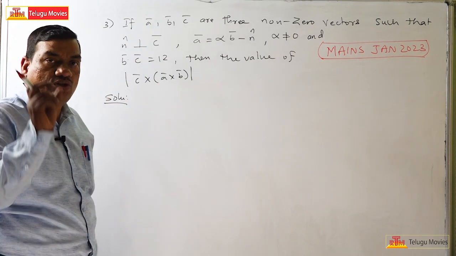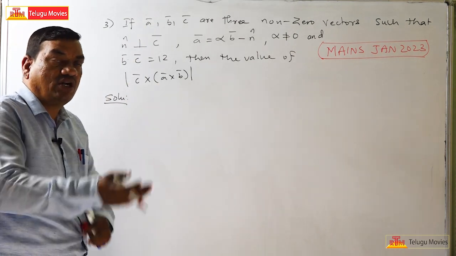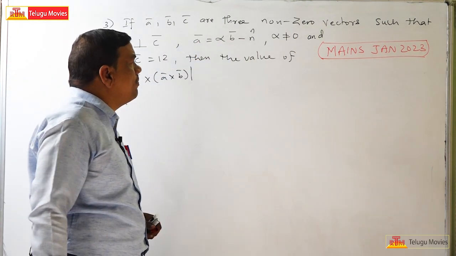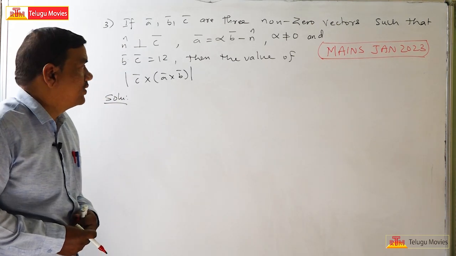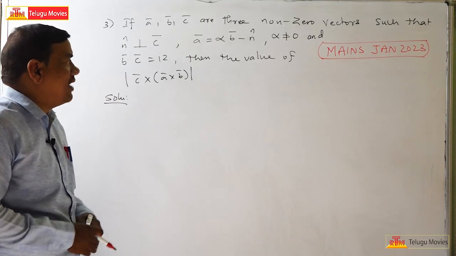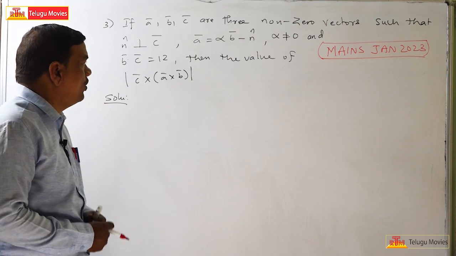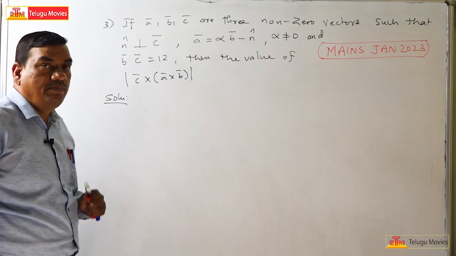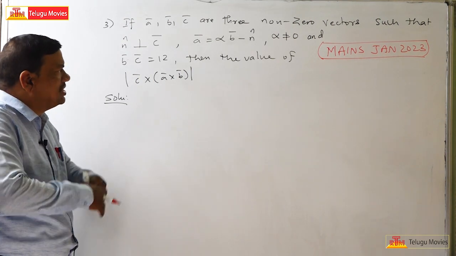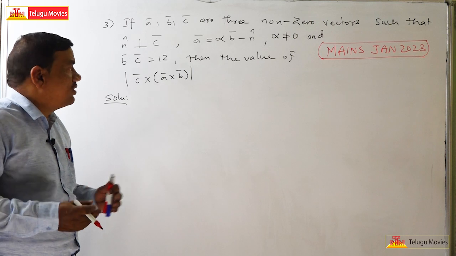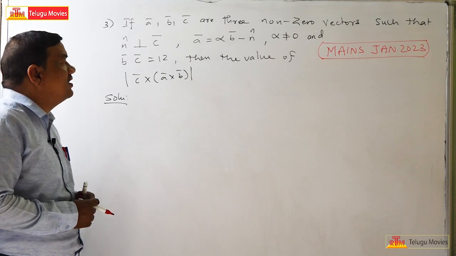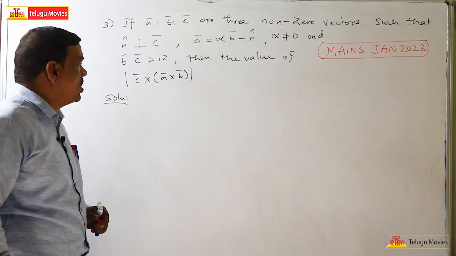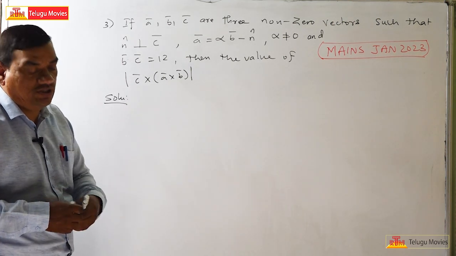Here n cap means unit vector which is perpendicular to vector C, and A bar is equal to alpha B bar minus n cap, where alpha is not equal to 0, and B bar dot C bar is equal to 12. So there is different information given. Then the value of modulus of C bar cross A bar cross B bar is equal to how much?